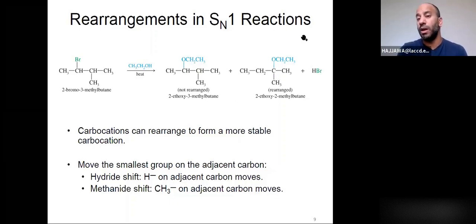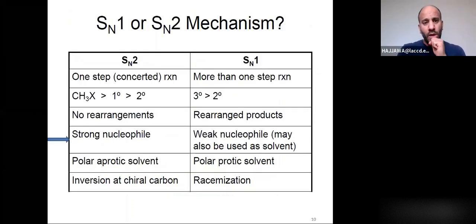So that's basically the major product in these reactions when there is a rearrangement possibility. Now, if there is no hydride to shift, then there will be a methanide or a methyl shifted to that carbon. And we're going to see that in the other PowerPoint slides. So that's another major factor between the SN1 versus SN2 mechanism, which is the rearrangement of the carbocation.